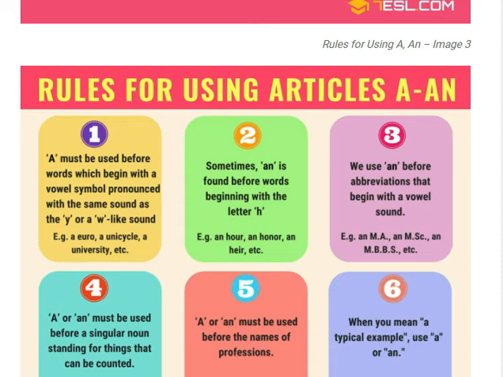A must be used before words which begin with a vowel letter pronounced with the same sound as a Y or a W, like a euro, a unicycle, a university, etc. Sometimes an is found before words beginning with the letter H: an hour, an honor, an heir, etc. We use an before abbreviations that begin with a vowel sound, like an MA, an MSc, an MBBS, etc.